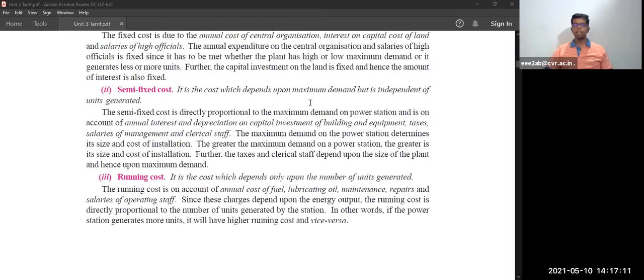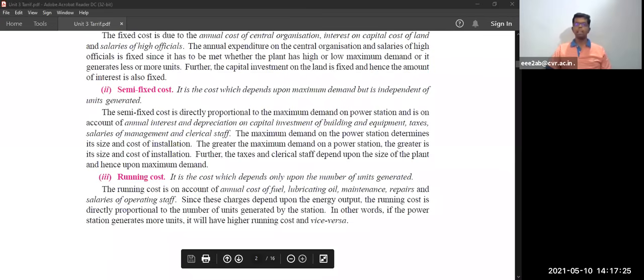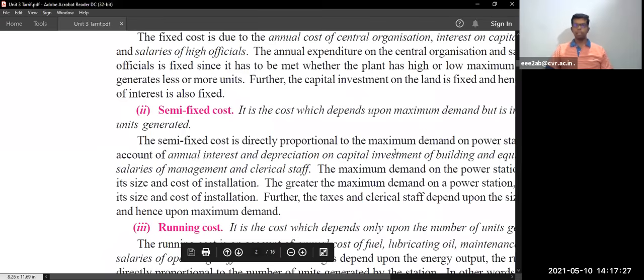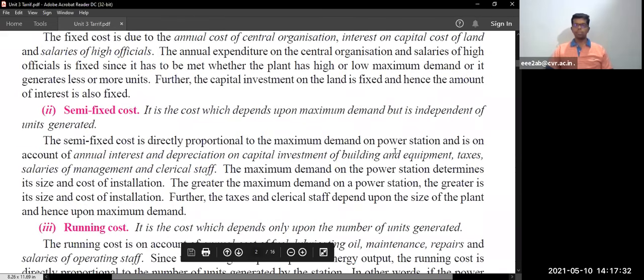Then the water board and public works department, you have to pay tax for utilizing that land. The pollution control board also, you have to pay tax if you are operating thermal generating units.